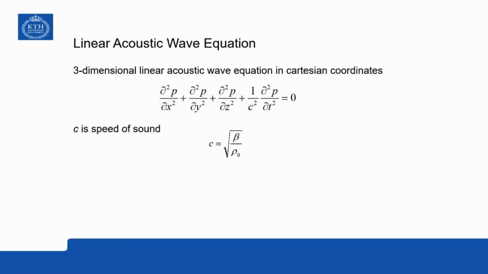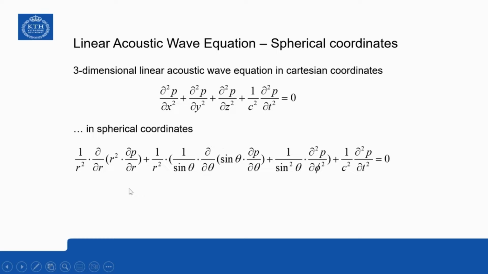In spherical coordinates, which are more suitable for outdoor propagation when you have a small size source, if you transform the Cartesian version of the acoustic wave equation to spherical coordinates r, theta, and phi, the equivalent wave equation looks like this. Here r is the distance from the source in the origin to the observation point.